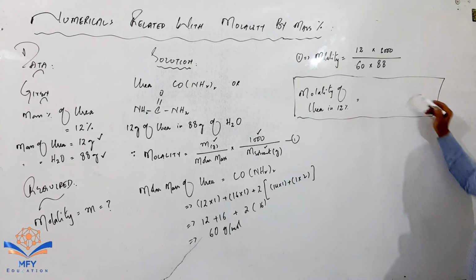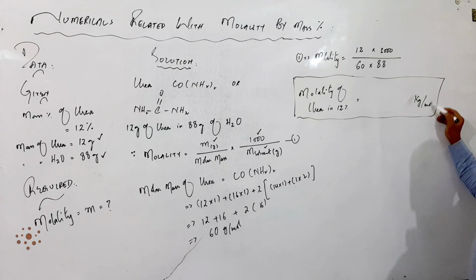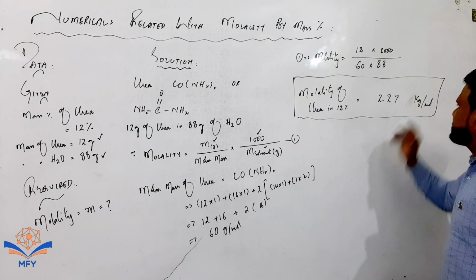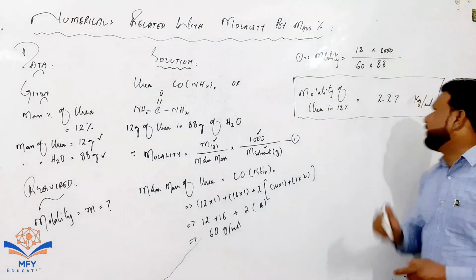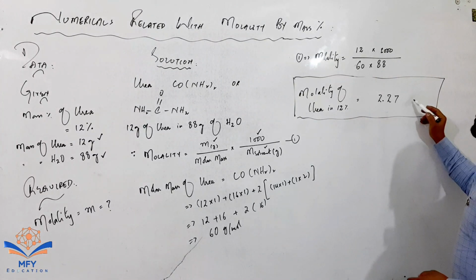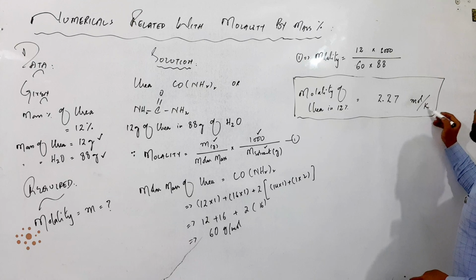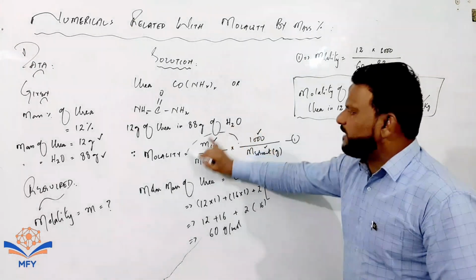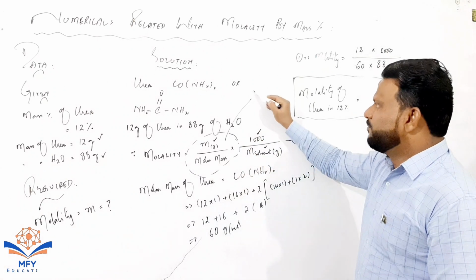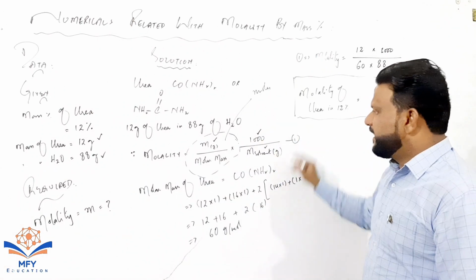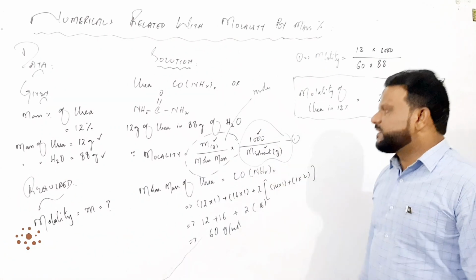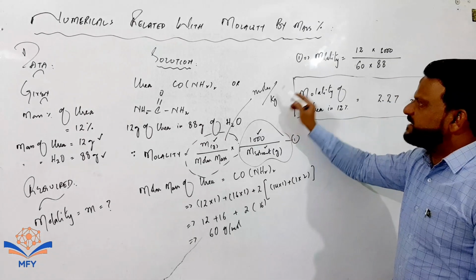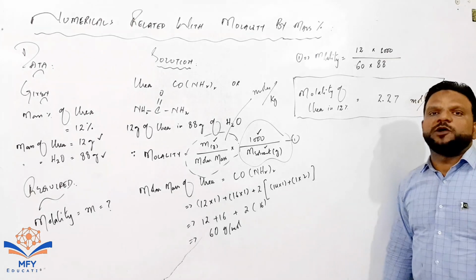2.27 moles per kg. Sorry, it is moles per kg, because the unit of mass over molar mass is moles, and we have converted grams into kg. It means that moles per kg is the unit of molality.